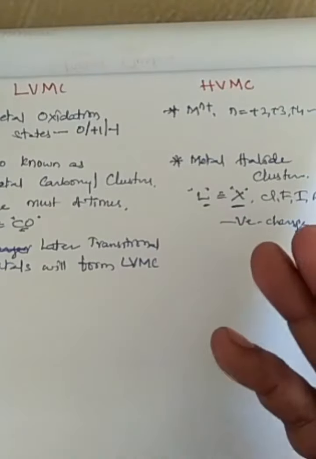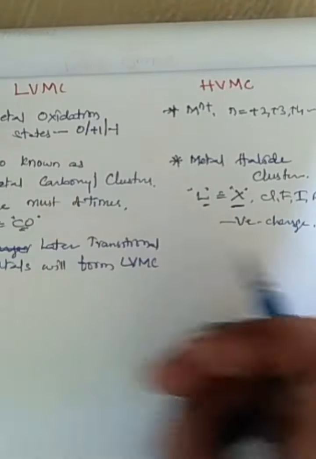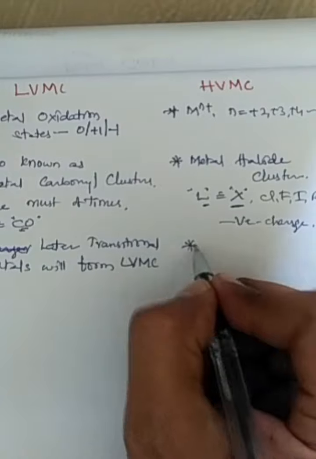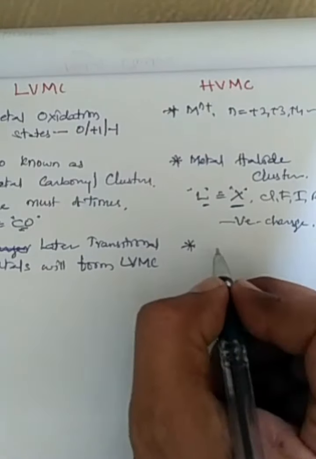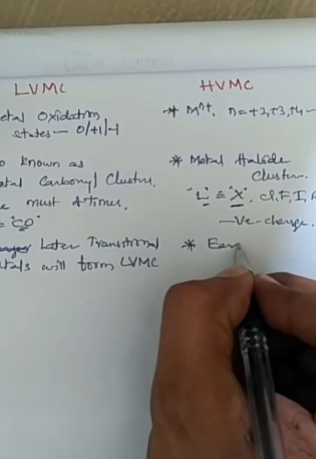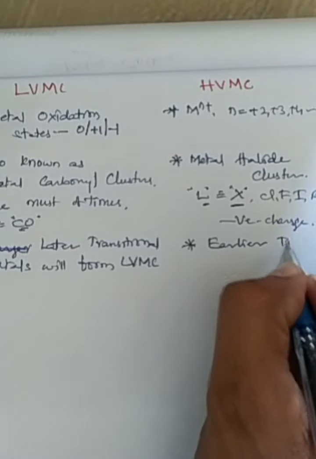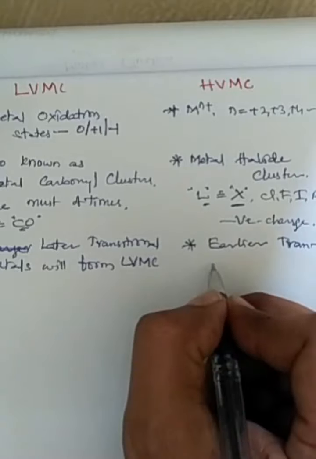So we know what it means by latter and what it means by earlier, right? When it comes to high valence metal clusters, they will be formed by the earlier transition elements.